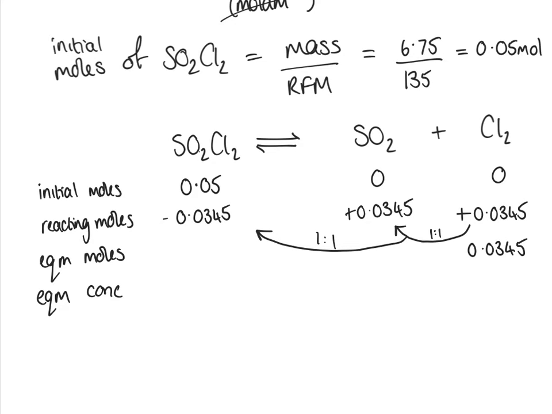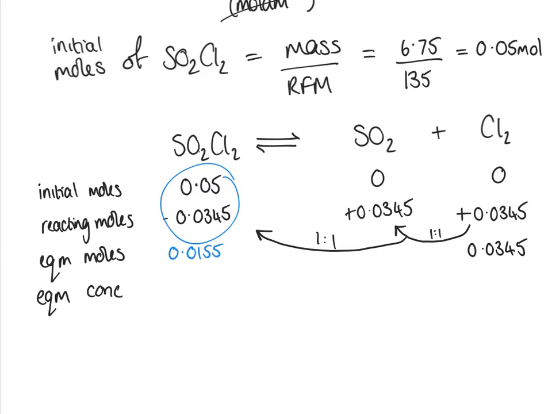Okay, then we need to work out the rest of our equilibrium moles. So that is again initial plus reacting. So what do we get when we take 0.0345 away from 0.05? Yes, so we're adding these two, and we get 0.0155.